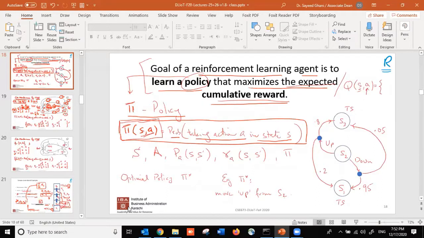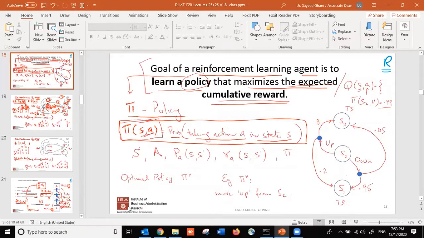So if we know that in this particular scenario, going up is the right action, we want to say that in state S2, the probability of taking an action upwards should be maximum, right? So this should be something like 0.99 ideally, or 1. So that's what we're looking for.